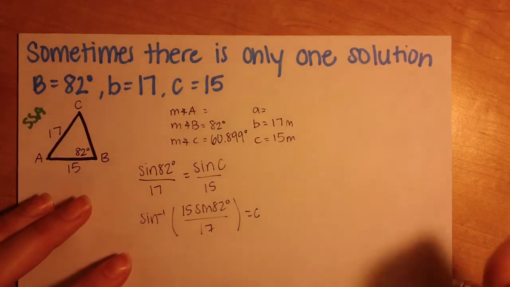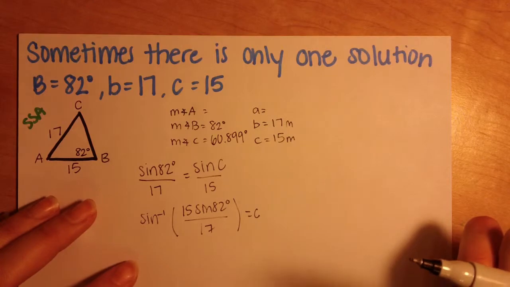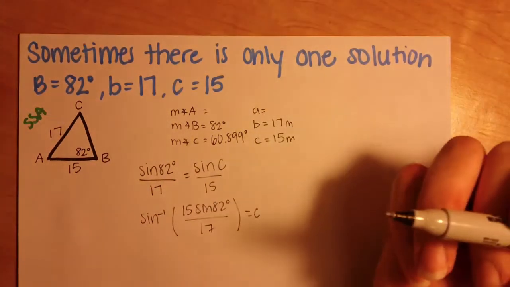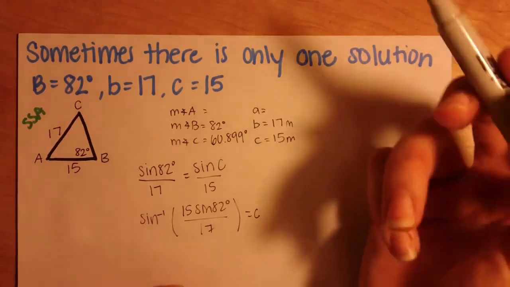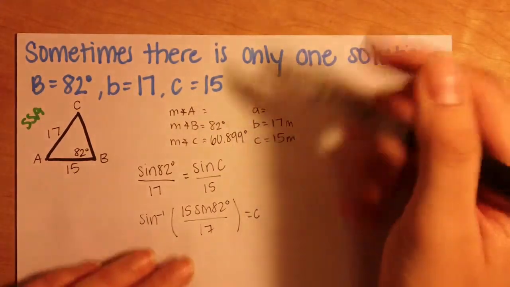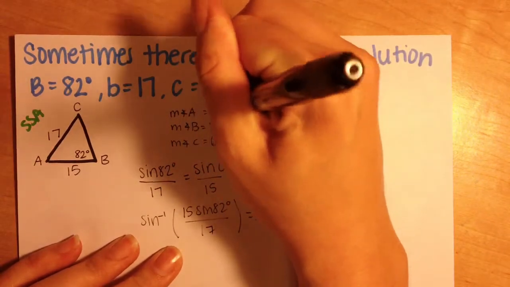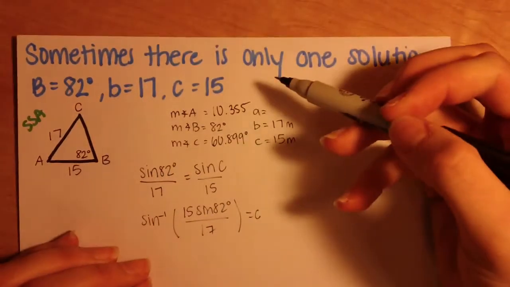Now, you can do something similar to solve for side A, and we can solve for angle A as well. So to solve for angle A, we can subtract 180 minus 82 minus 60.899, and you'll get 37.101.